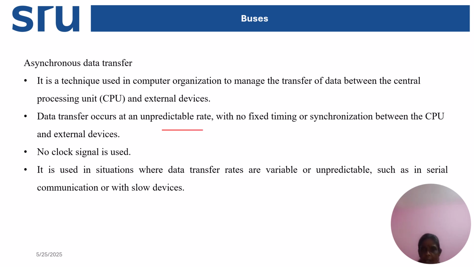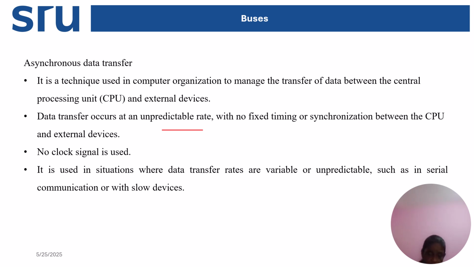So here, unpredictable rate. Asynchronous means there will not be any usage of a clock. Synchronous means we have to use a clock signal to synchronize the sender and receiver. But in asynchronous mode, there is no such clock. So data transfer will happen at an unpredictable rate.